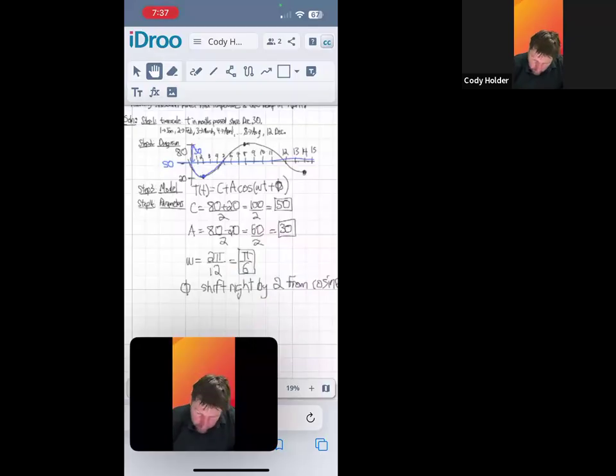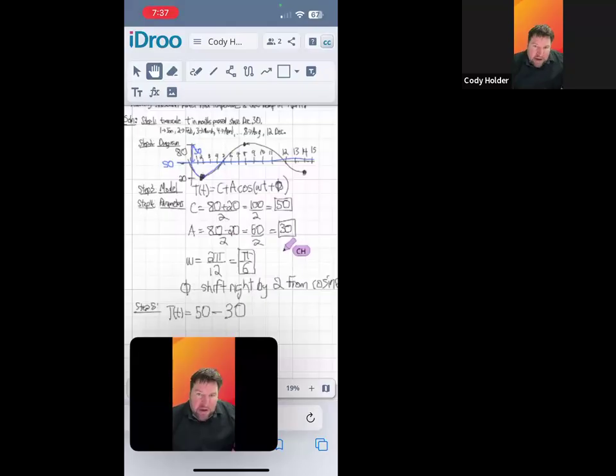Step 5, we write down our final answer for our model. So T of t is equal to 50, the center, and then it's actually a negative cosine graph, so minus 30, right? Because if I'm shifting that February point over to the origin to be the new minimum, right, then I shift it by 2.